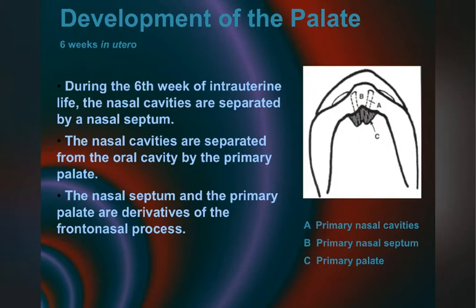Each maxillary process gives rise to a lateral palatal shelf, and these two shelves meet eventually in the midline, fuse together, and form the secondary palate.